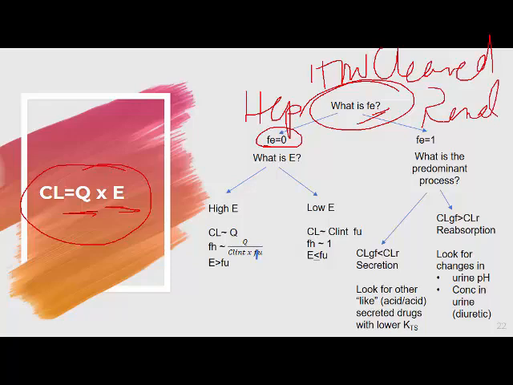So if we know that it's hepatically cleared, then we say, what's its extraction efficiency? Is it a high extraction efficiency or a low extraction efficiency? If the E is approaching 0, then it's a low E. And we know that clearance is going to be dependent upon enzyme activity and binding, don't we?